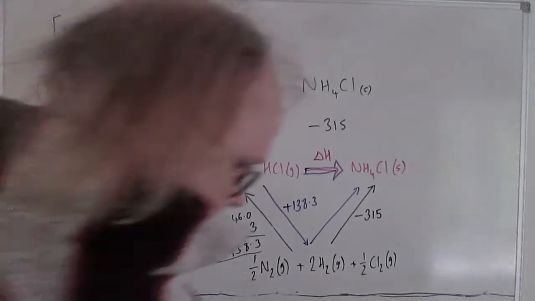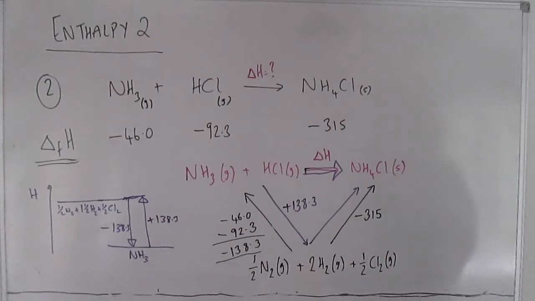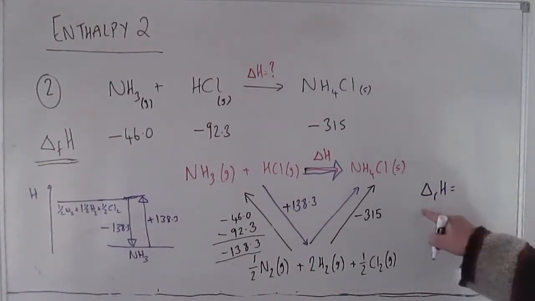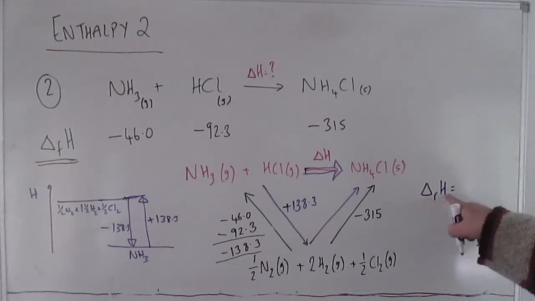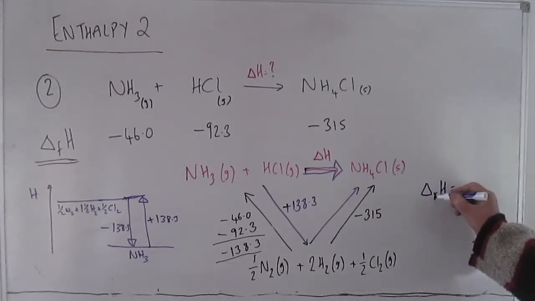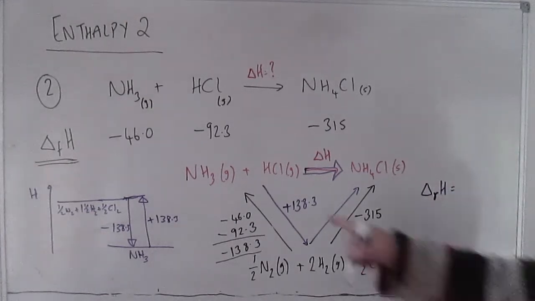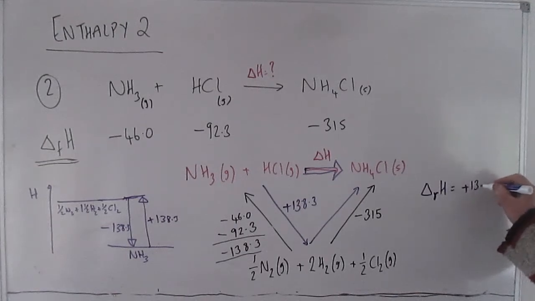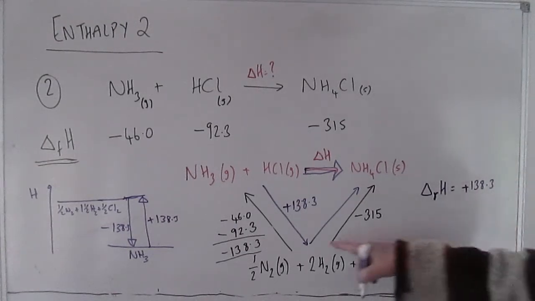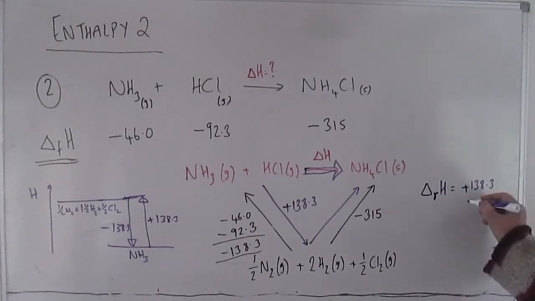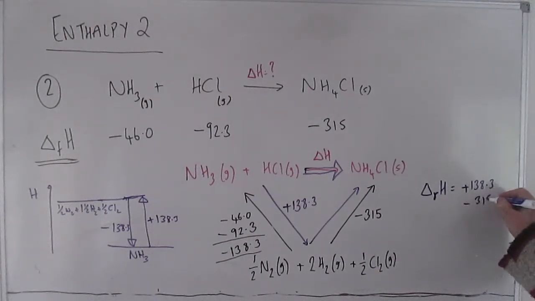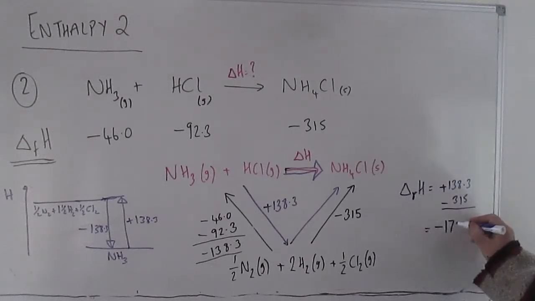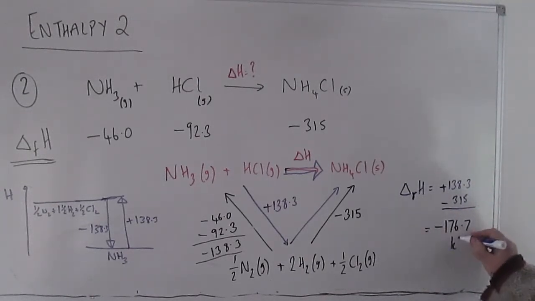So we can now get our answer, because we can get that delta H for the reaction, remember delta RH is shorthand for enthalpy change of reaction, so delta RH is equal to the enthalpy change for the first leg, which is plus 138.3, plus the enthalpy change for the second leg, minus 315, and that gives us our answer, which is minus 176.7 kilojoules per mole.